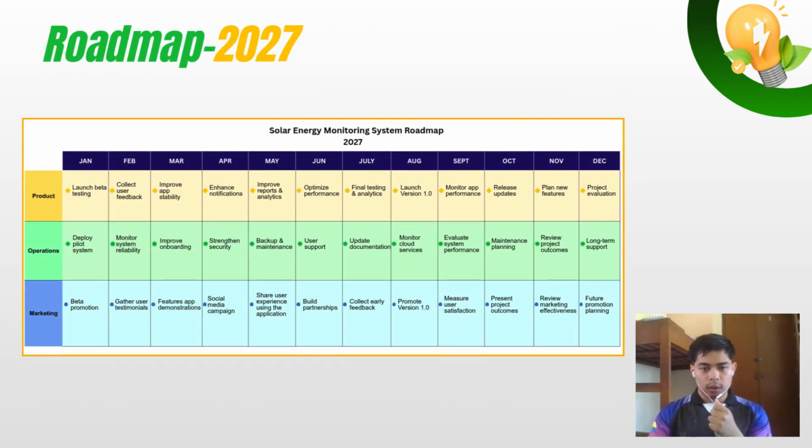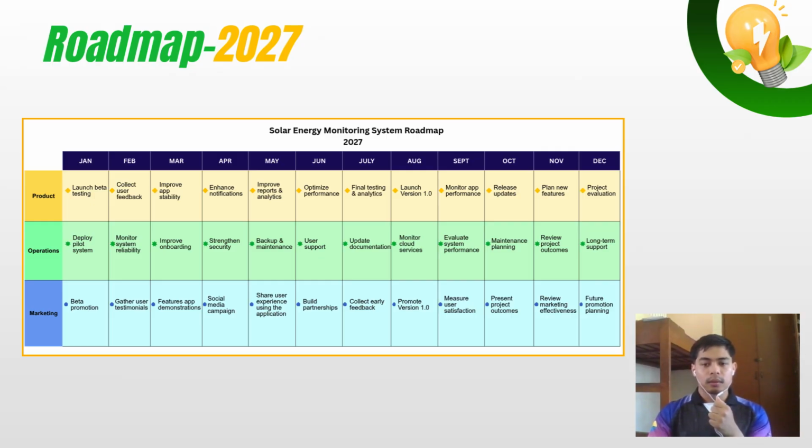For the year 2027, the roadmap focuses on beta testing, official release, and system support. From January to April, the beta version is tested with users, and the feedback is used to improve the system stability, usability, security, and promotional approach.